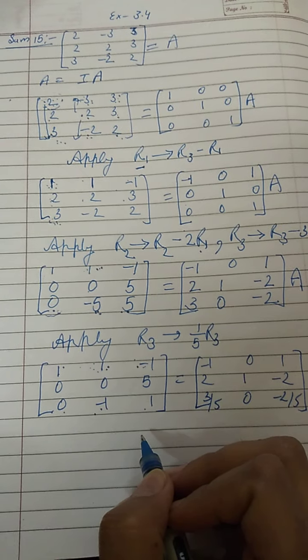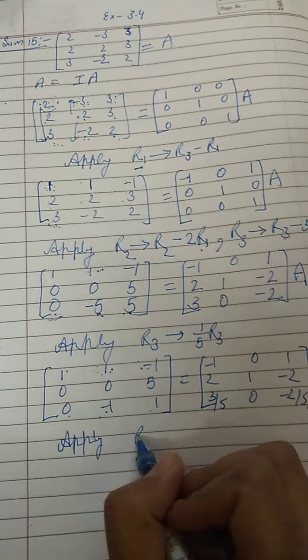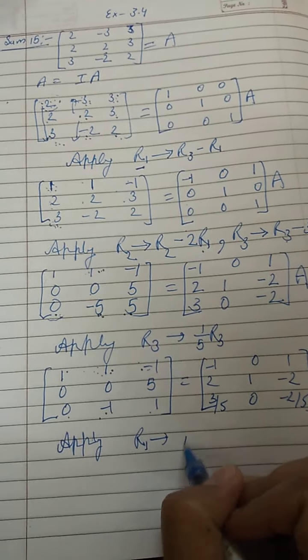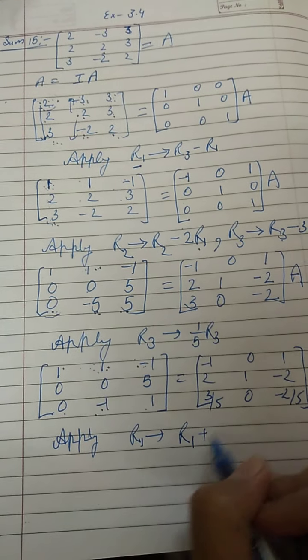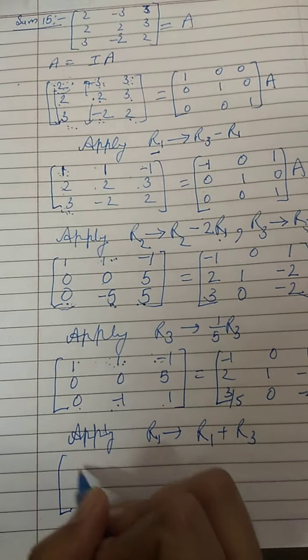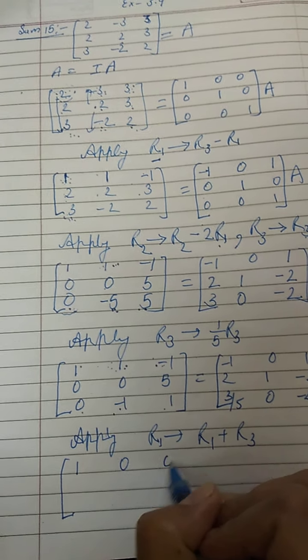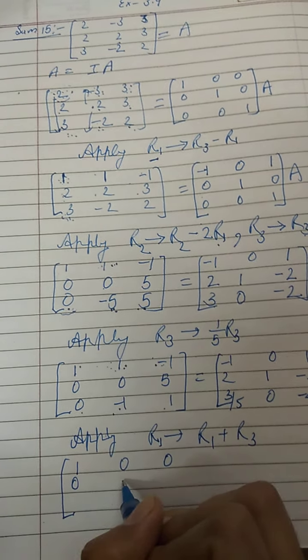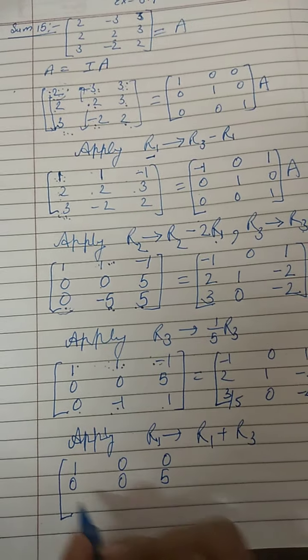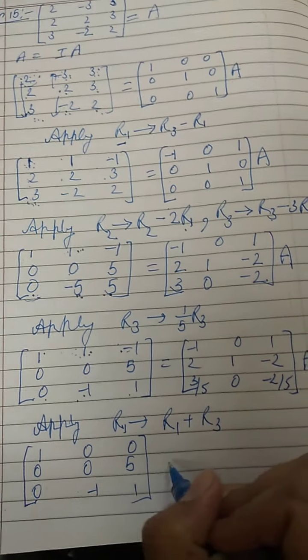First of all, we will write down here, apply R1. What is the operation? R1 plus R3. If I do this thing, what will happen here? 1 plus 0 is 1, 1 minus 1 is 0, minus 1 plus 1 is 0. There is no change in R2, and there is no change in R3, right?